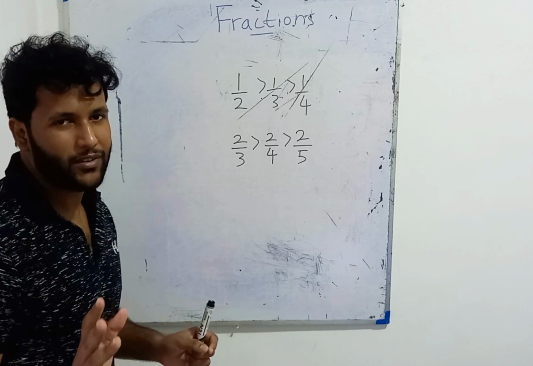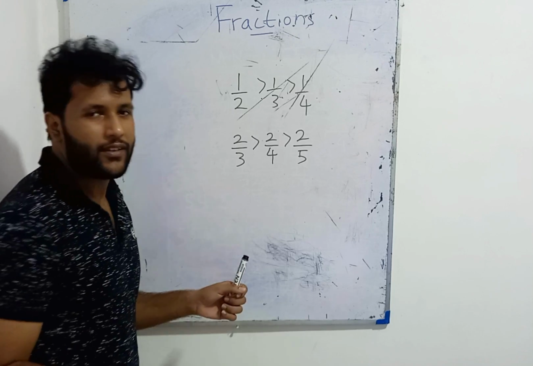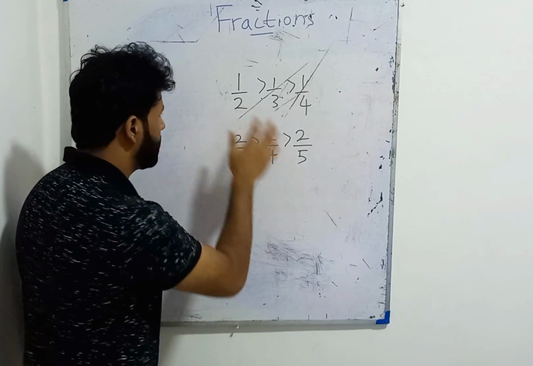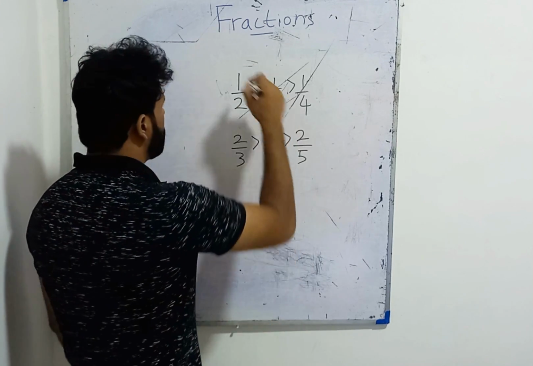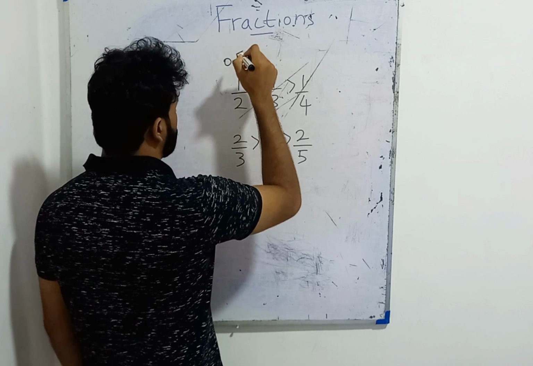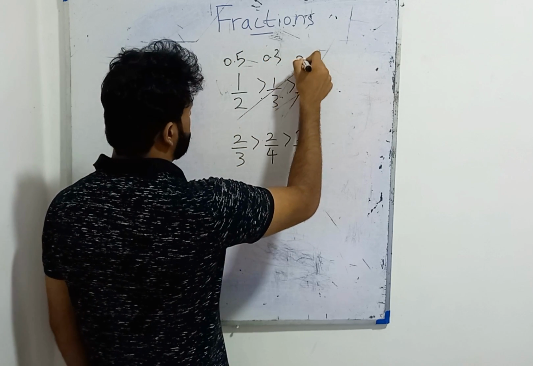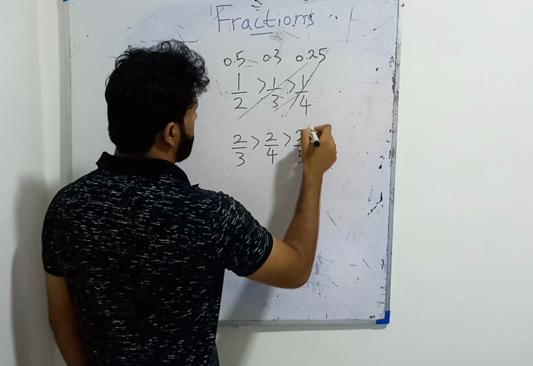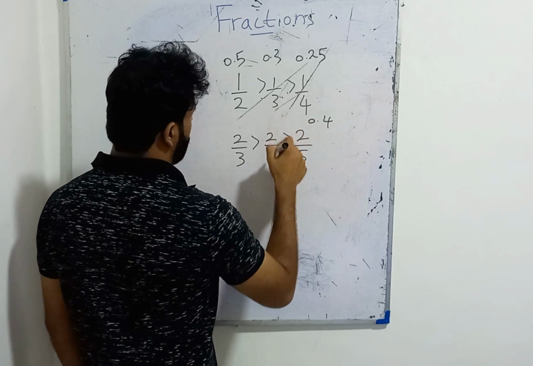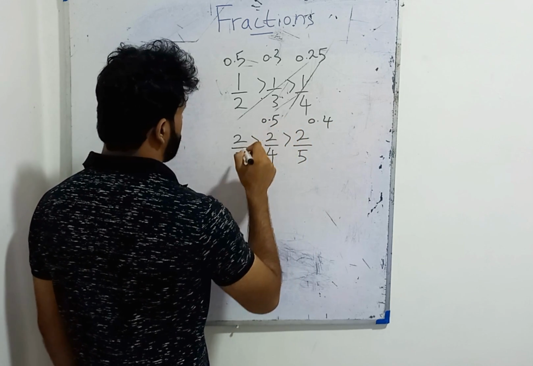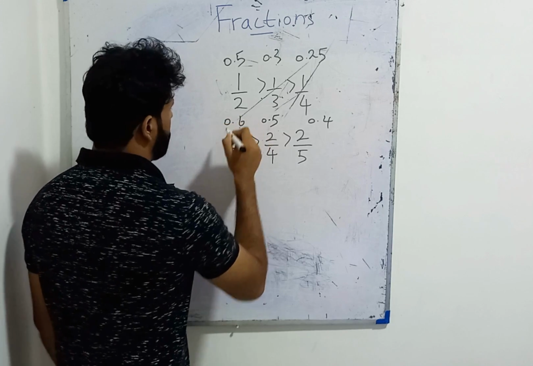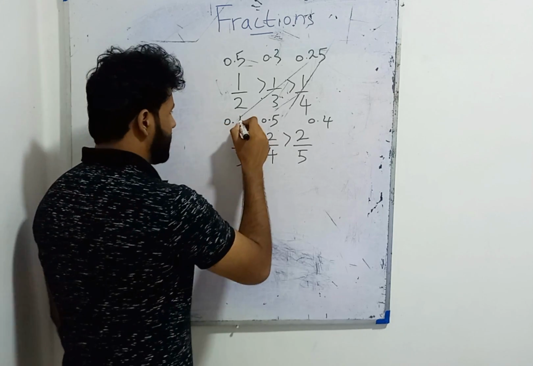No need to remember these as theories. Actually, these fractions are divisions. This is 0.5, this is 0.3, this is 0.25. This is 0.4, 0.5, 0.6, right?